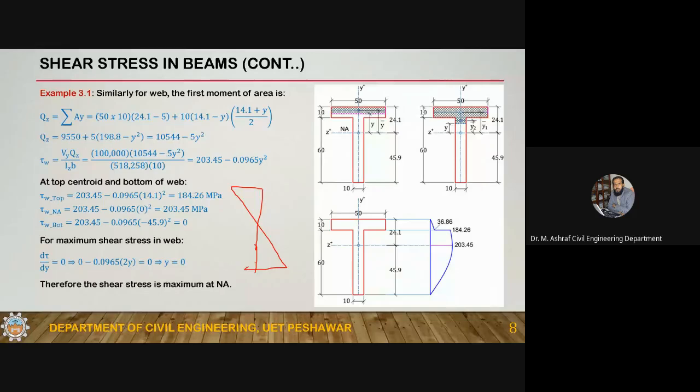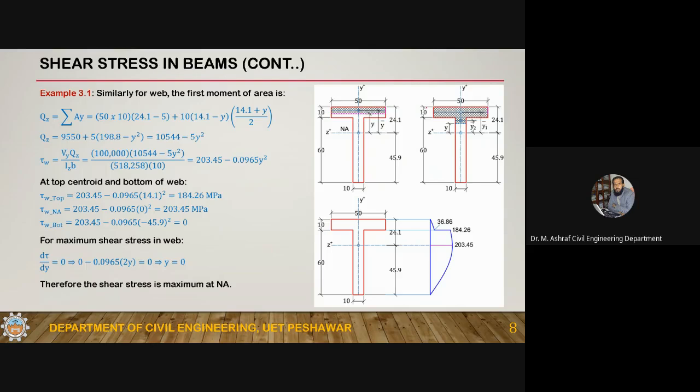So if you are having more areas in the outer region, if you are strengthening the flanges, because flanges are here, so most of the area is in the flanges. If you strengthen the flanges, then it will be strengthened in the flexure.